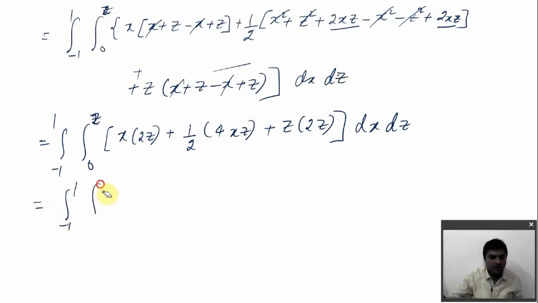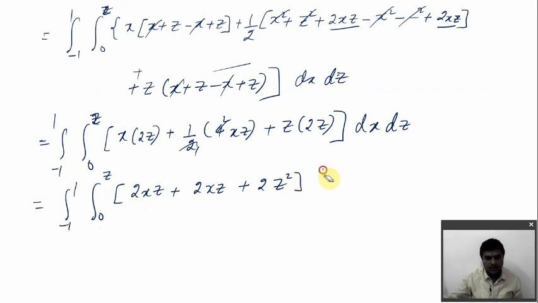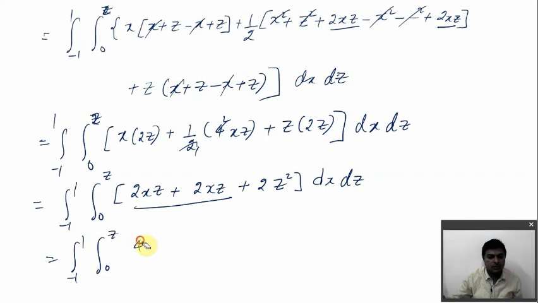Integration -1 to 1, integration 0 to z. So just simplify, 2xz you will get, here 2 1 2 2 will get cancelled. So this is again plus 2xz plus this is going to give you 2z square dx dz students. Okay, now again you can see 2xz plus 2xz will give you integration -1 to 1 integration 0 to z 4xz plus 2z square dx dz students.